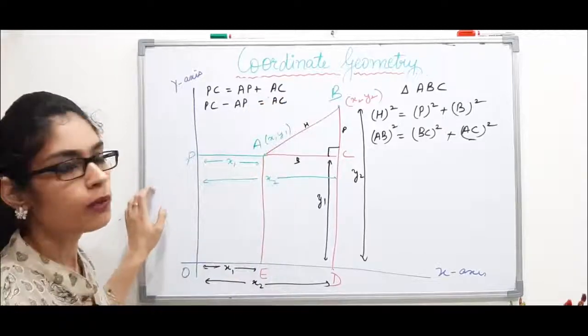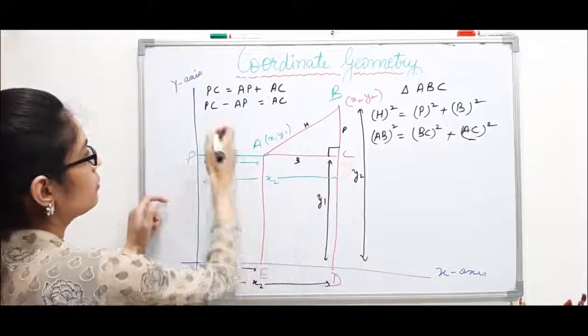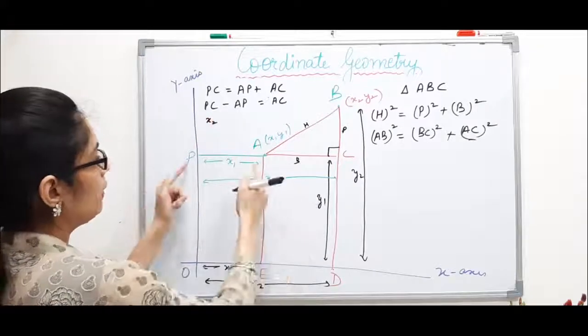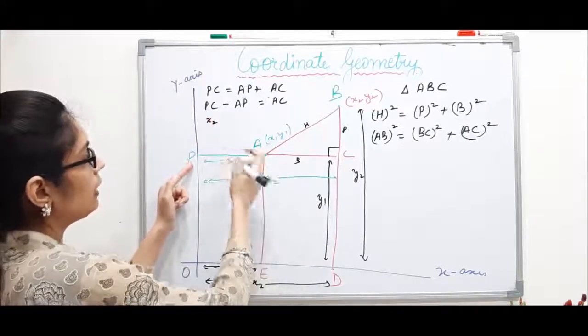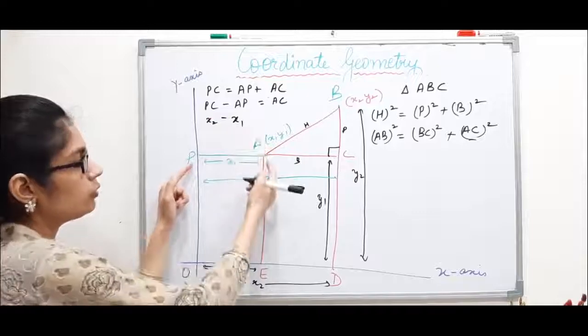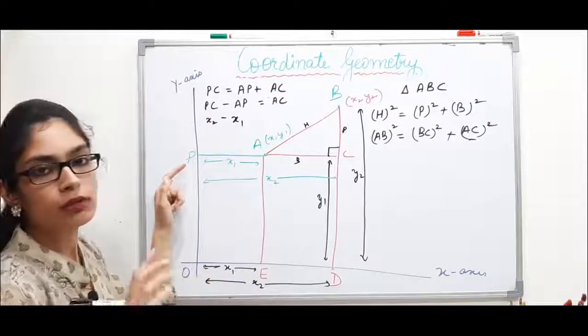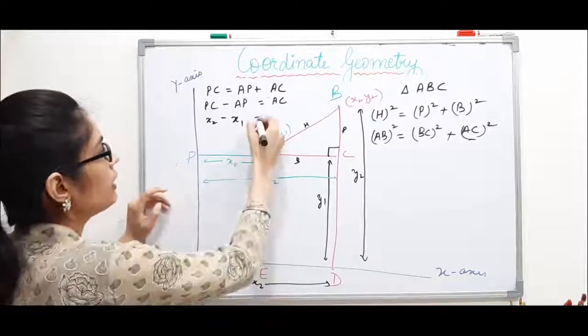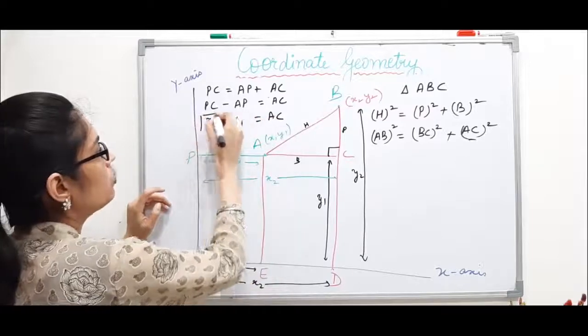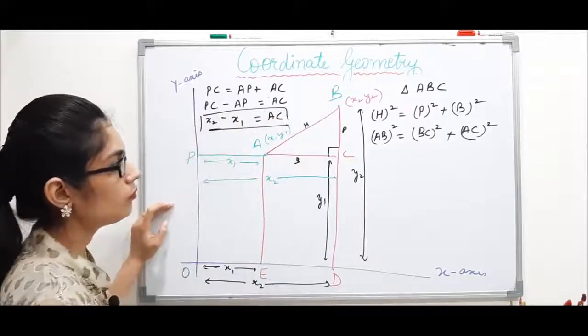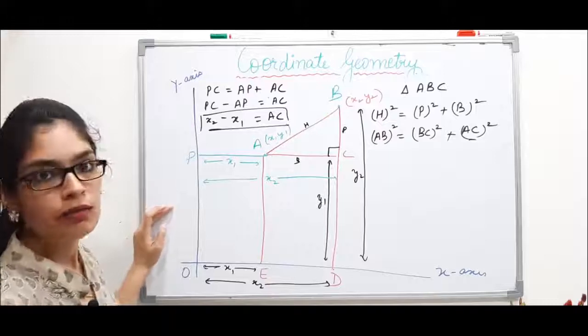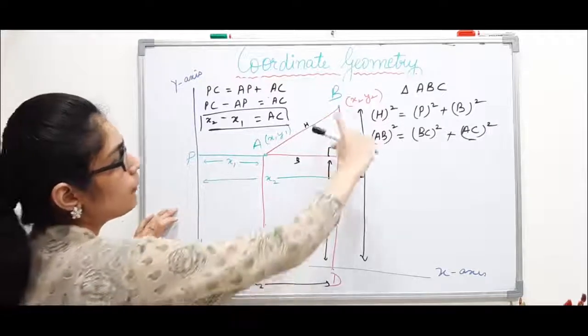Now let's write down the values. PC is x2, and PA or AP is x1. You can write it as PA also and AP also, it won't make any difference. So AC you got is x2 minus x1. In the same way, we'll now find the value of BC.